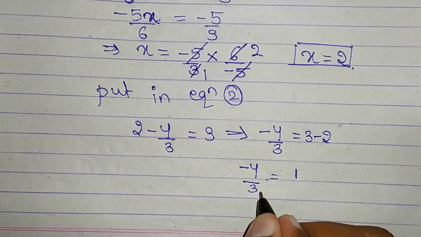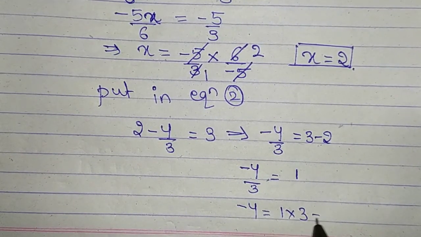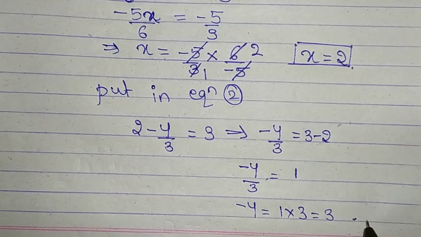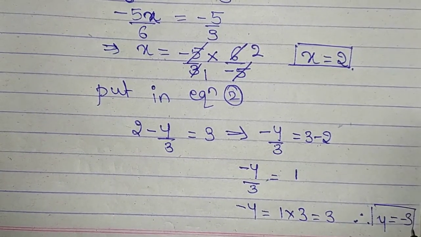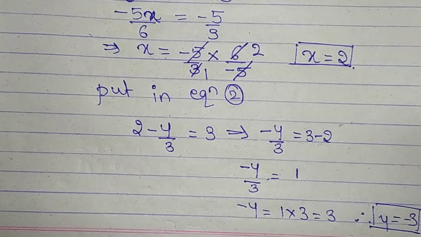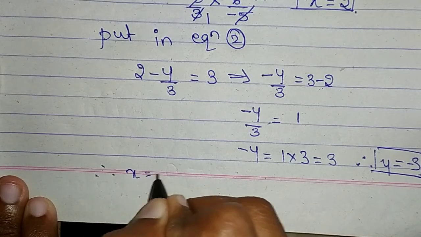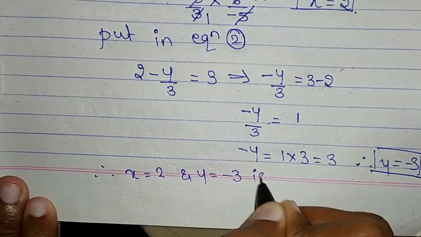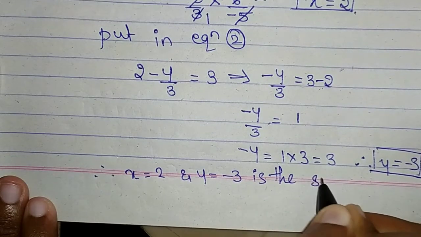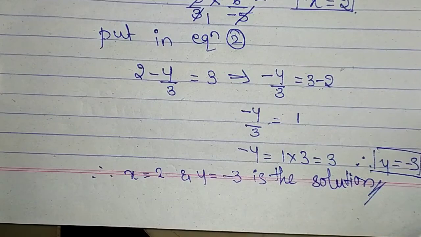So on transposing we'll get minus y is equal to 1 into 3, which is equal to 3. Therefore y is equal to minus 3. This is the solution. Therefore x is equal to 2 and y is equal to minus 3 is the required solution.